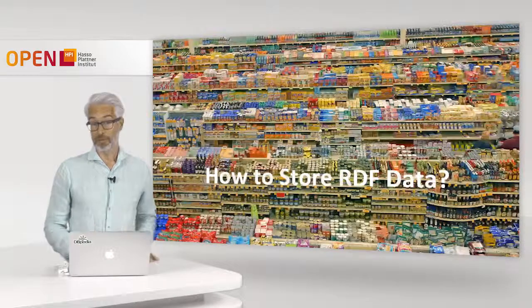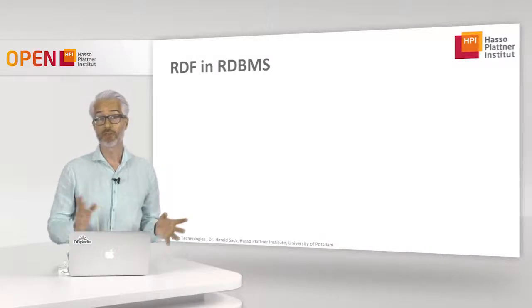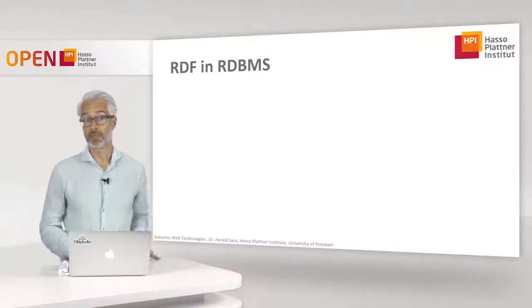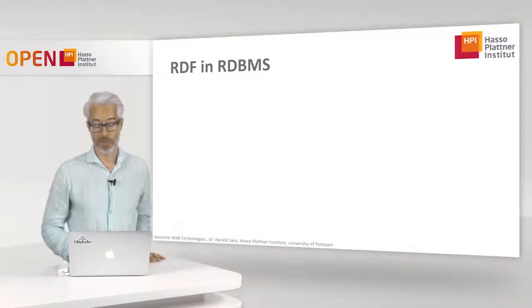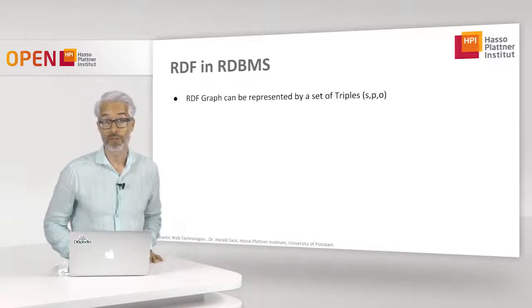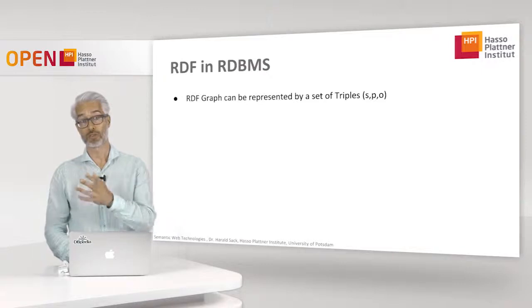Okay, so of course, this is a very important question. How could we do that? The first idea, of course, is we can use already existing relational database management systems to store also RDF. Why can we do that? Sure. An RDF graph can be represented by a set of triples as subject, property, object triples.